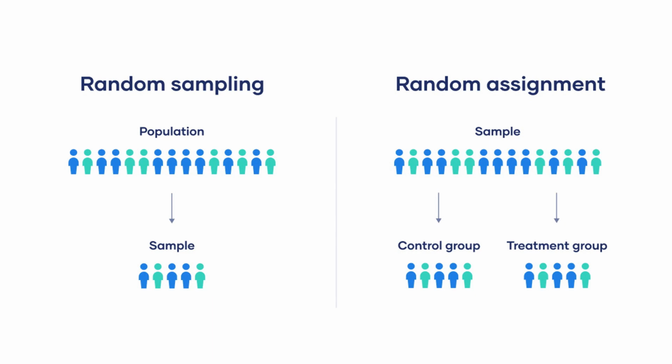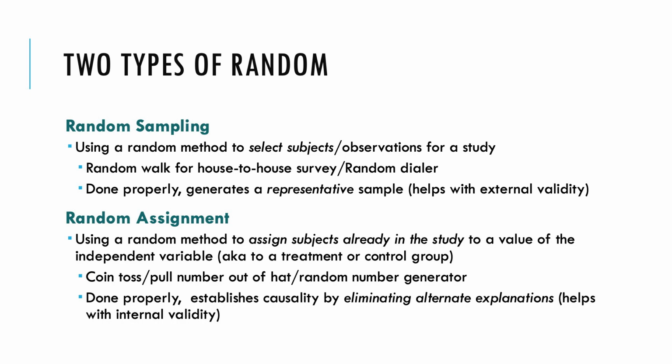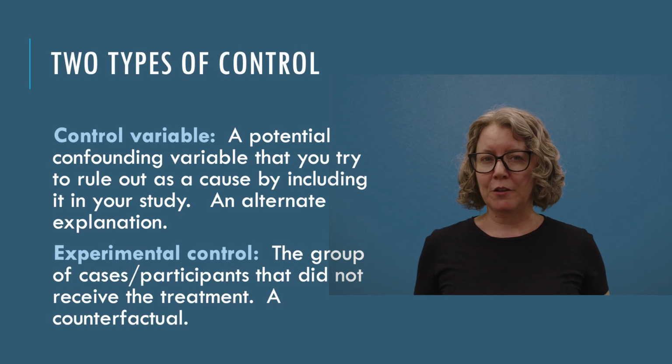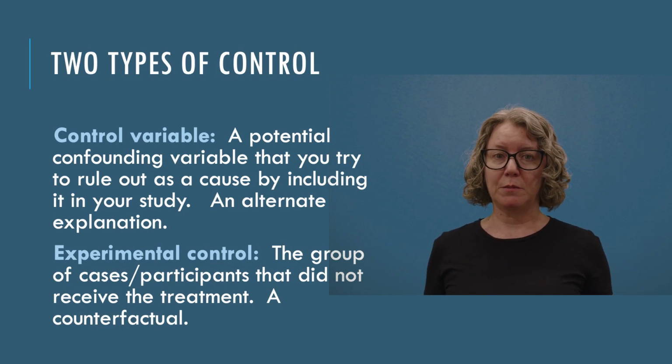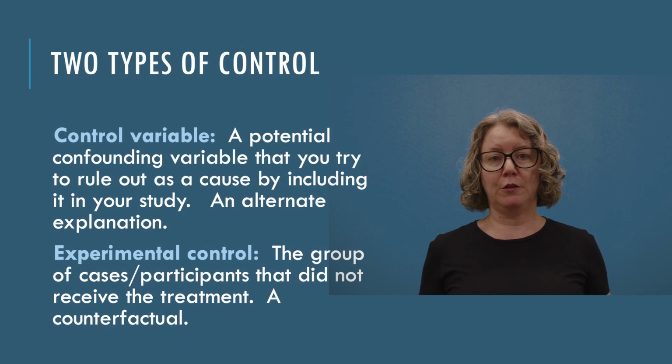They get the political ad or the vaccine, and some people to a control group that doesn't get the ad or the vaccine. For an experiment to work, you need both random sampling and random assignment. For observational research, you only need random sampling, assuming, of course, that that is the right case selection strategy for your question.